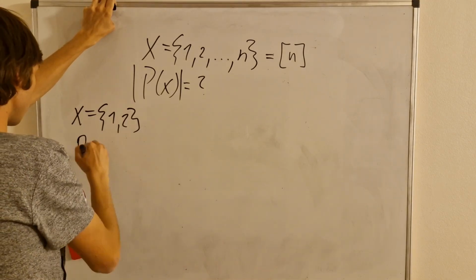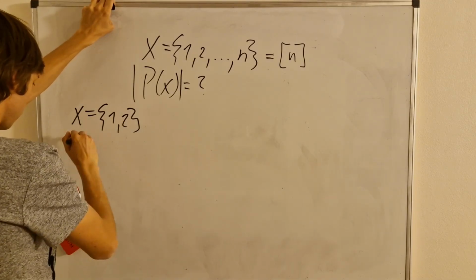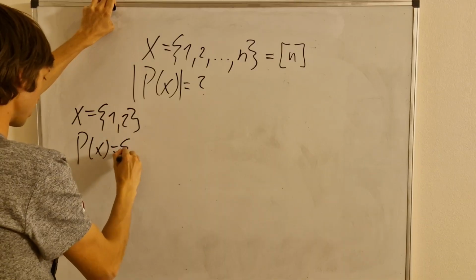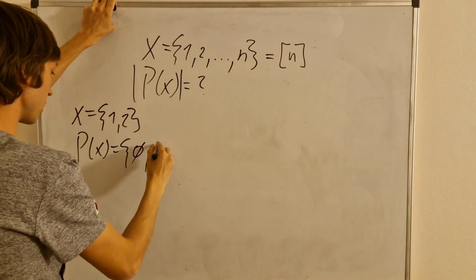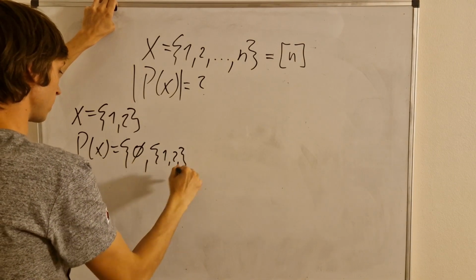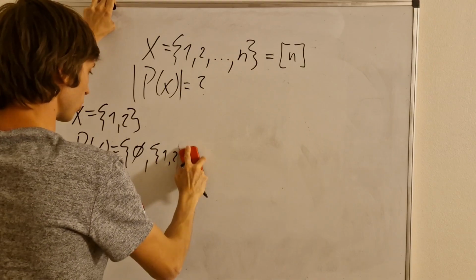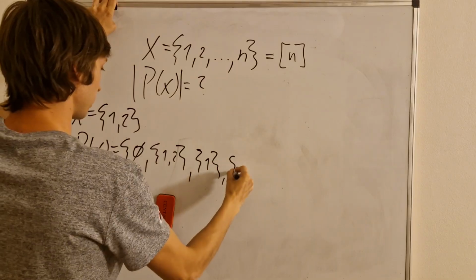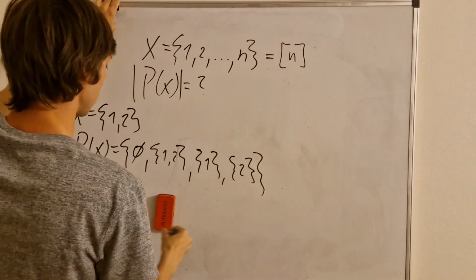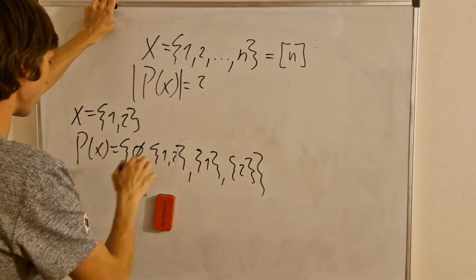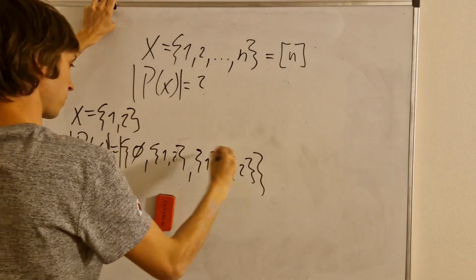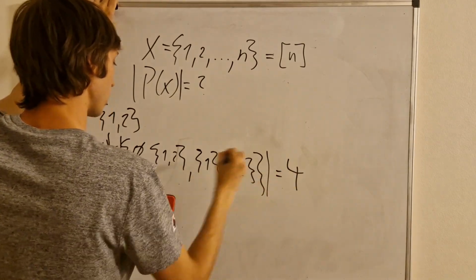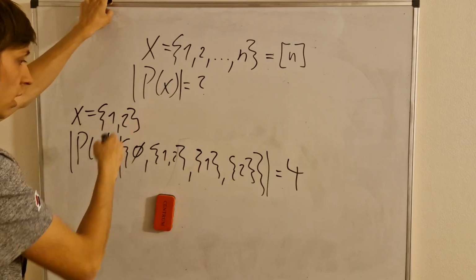Then the power set is going to contain the empty set, the whole set, and the individual elements. That also always happens. So it's 1, 2, 3, 4: 4 elements. The magnitude of the power set of a set of 2 elements is 4.